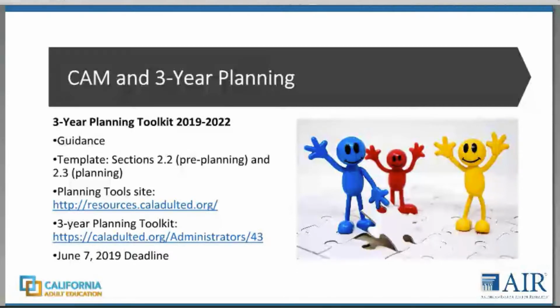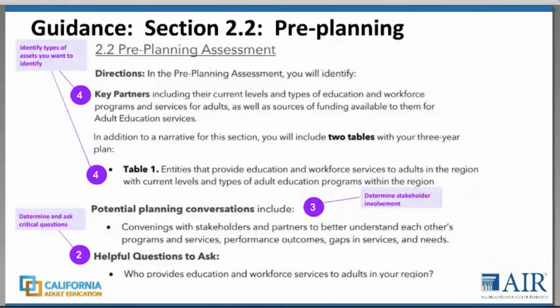But I want you to think about it in terms of you only have until June the 7th to really do the work of getting to know your community, your region, your street by street view of what all the assets are that are available to help you do your work. And so specifically looking at the guidance and the templates, we're going to highlight where asset mapping falls in so that you can see those direct connections.